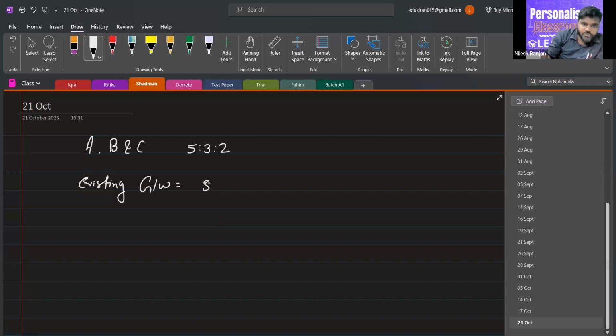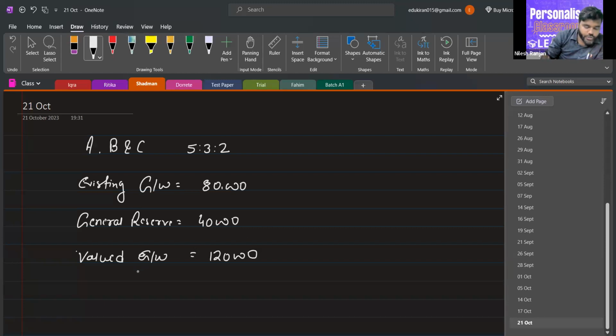It is 80,000, and there is general reserve of 40,000, and also on the date of his retirement, goodwill of the firm is valued at, means valued goodwill is 1,20,000, and a new ratio is given. It is 2:3. Who retires?